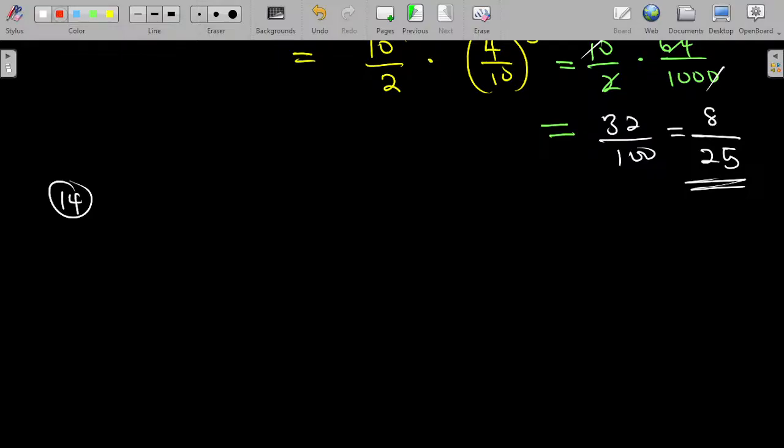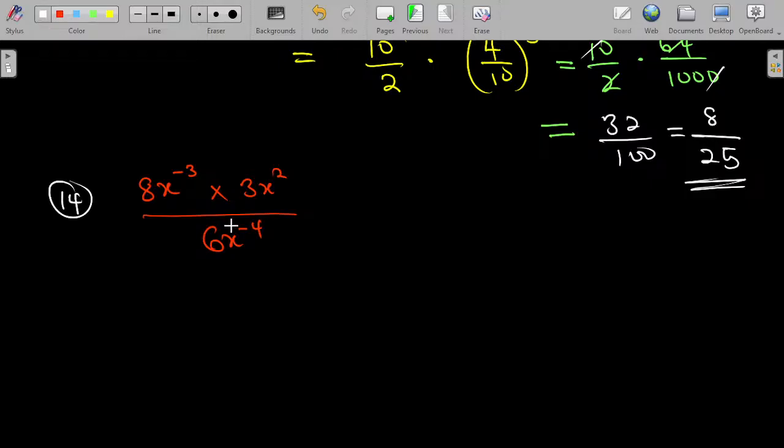Exercise 14 here says 8x raised to the power of minus 3, then multiplied by, you have 3x squared all over 6x raised to the power of minus 4.